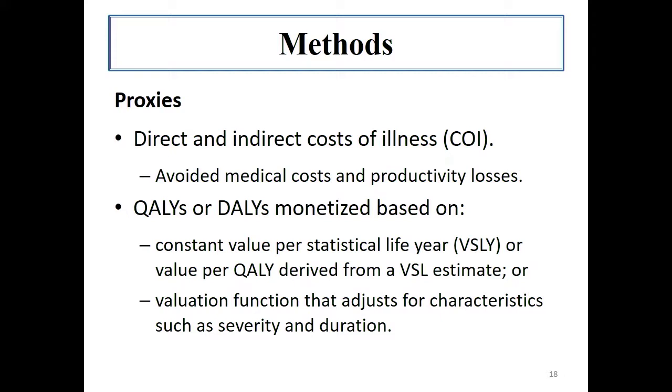One is, what should that constant be? In the US, we usually derive it from a VSL estimate. I've seen in the global health literature a lot of using threshold numbers and simply applying them. The second question is whether people really value a DALY or a QALY the same, regardless of what the underlying health effect is, and Jim's going to talk more about that later.